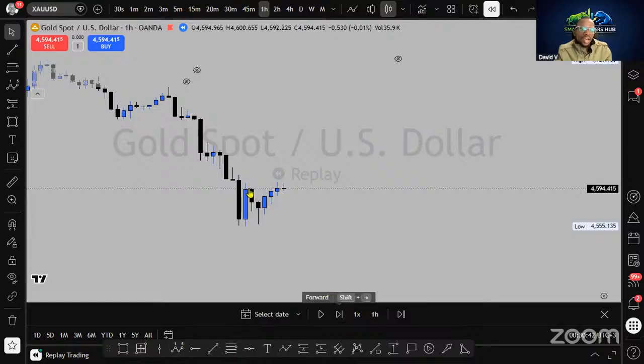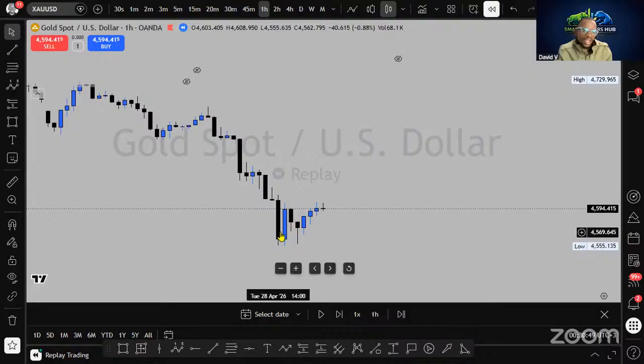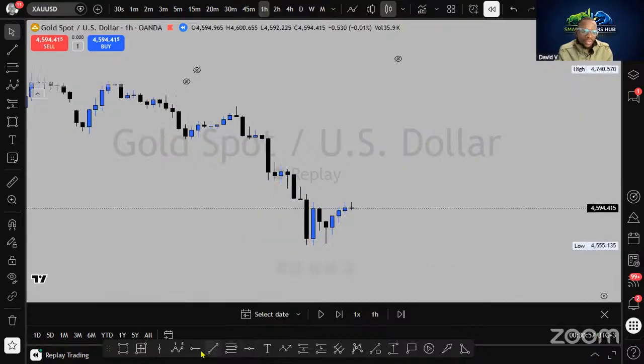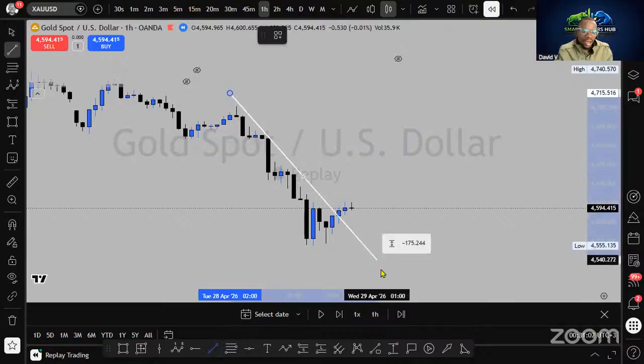So right now we can assume that we already have a head. Can we call this a head? I love this trend so far. We've had a couple of higher highs.